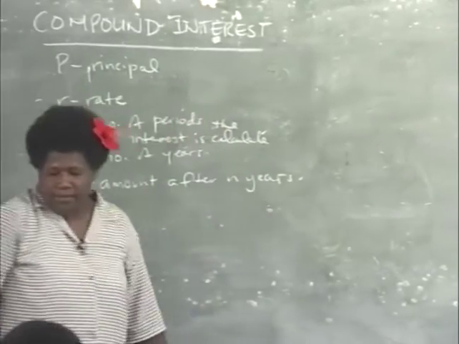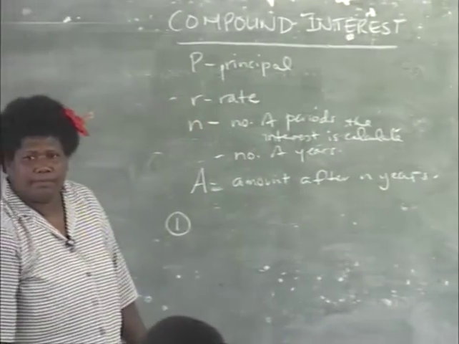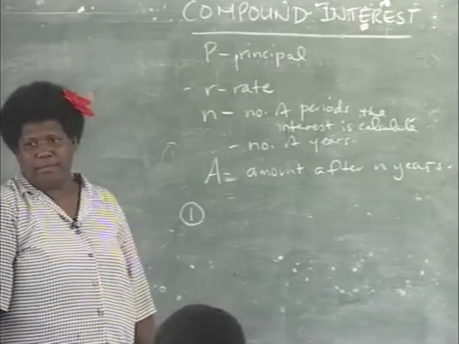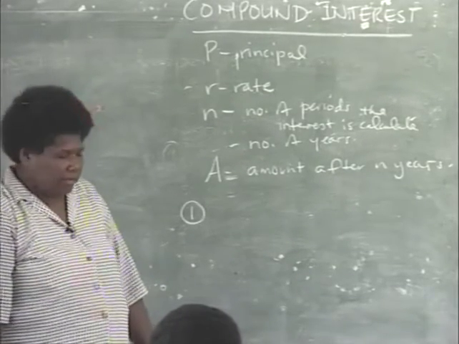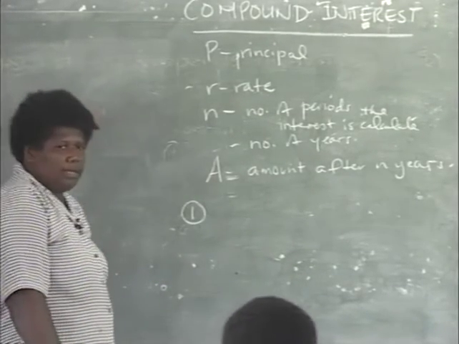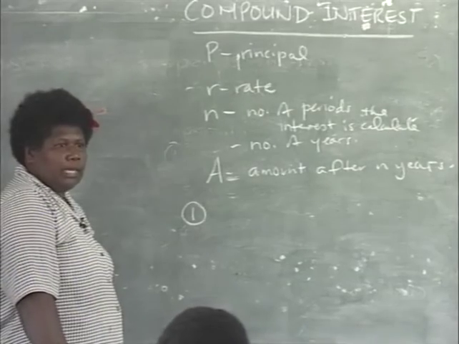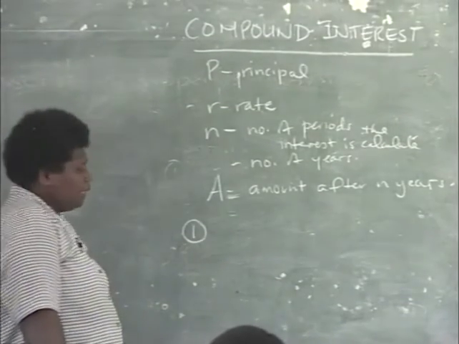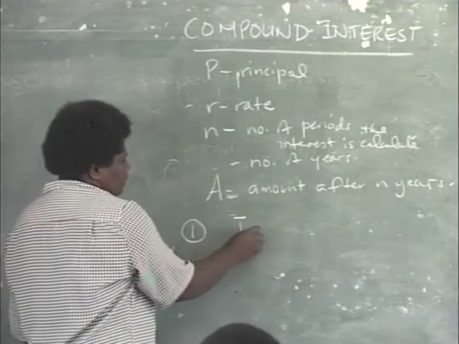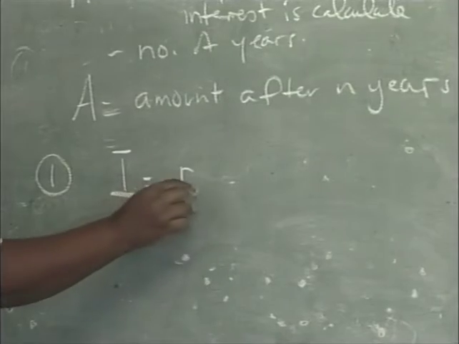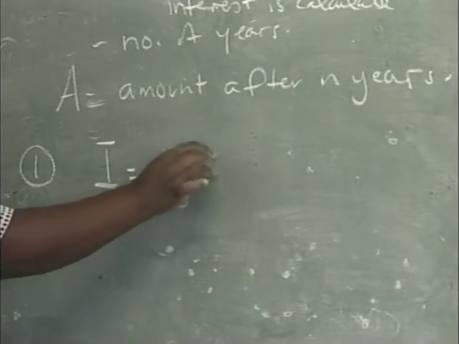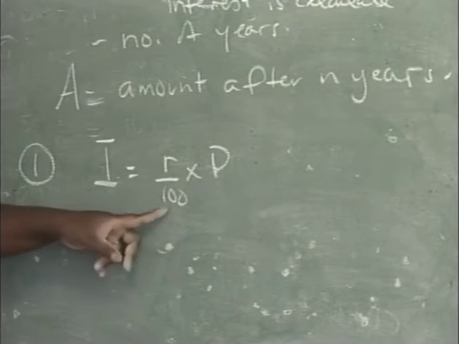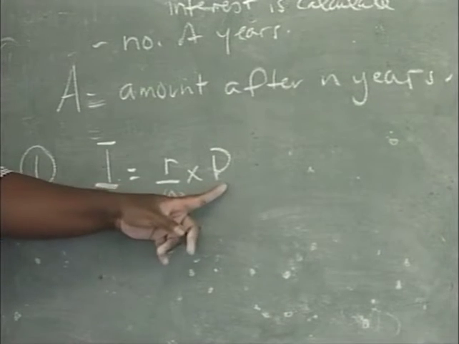I want to derive the formula so you know where it comes from. The formula is given there, but I want to show you how to get that formula so that in later years, if you are asked to derive it, you will know. Now, if P is the principal that is invested, the interest in the first year will be R% of P. Okay, certain percentage of the principal.